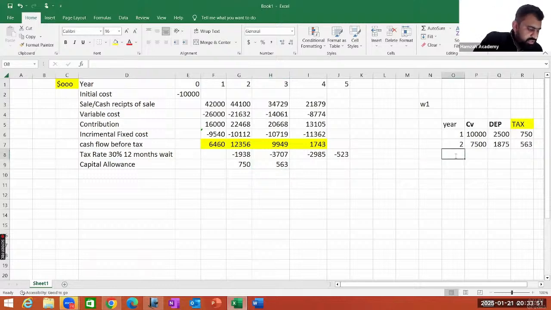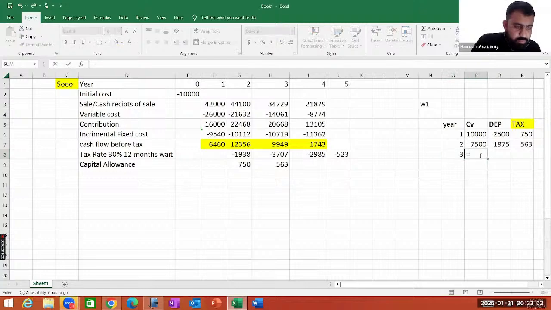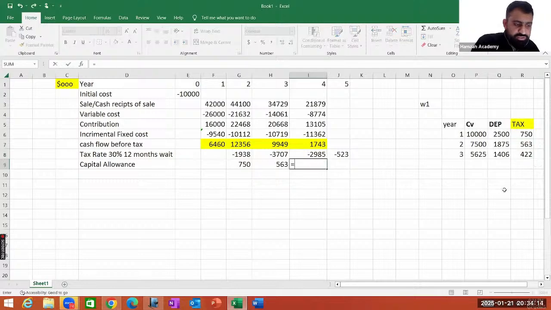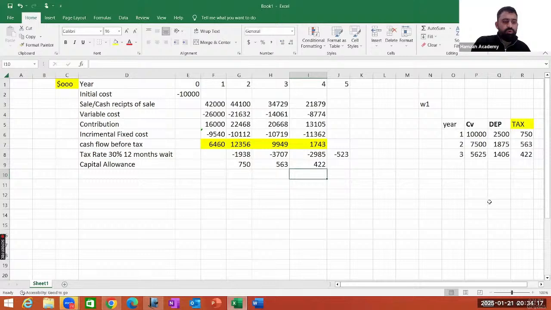Then in year three, carrying value would be 5,625. And again, you will take the 25% of the carrying value, and then you will take 30% of the depreciation, and you have a tax relief of 422 of year three, but obviously you will claim it in year four with 12 months delay.